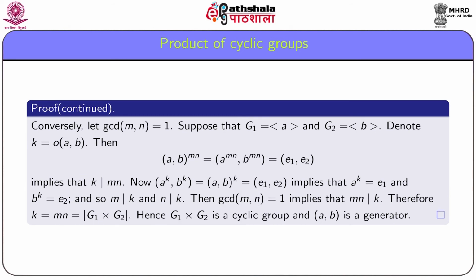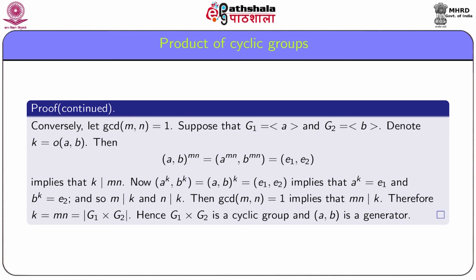For the converse, let GCD of m and n be equal to 1. Suppose that G1 is the cyclic group generated by a and G2 is the cyclic group generated by b. Denote k as the order of the pair (a, b).